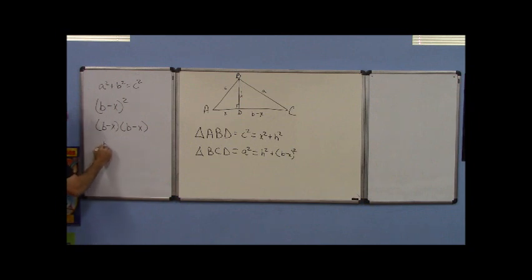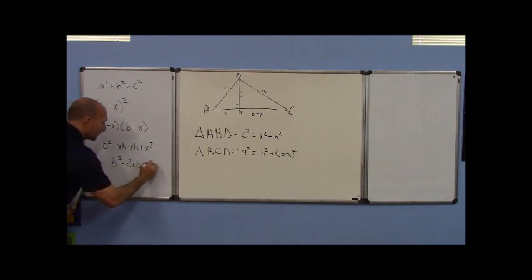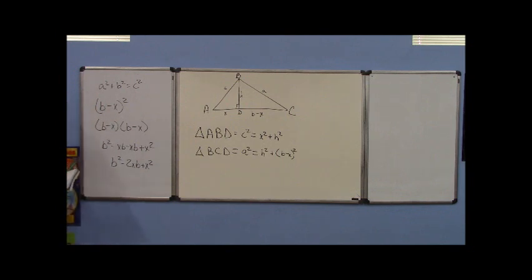That gives us b squared, because we use the FOIL method to figure this out, b squared minus xb plus x squared, or b squared minus 2xb plus x squared. Again, this doesn't matter if it's xb or bx because those are multiplied.